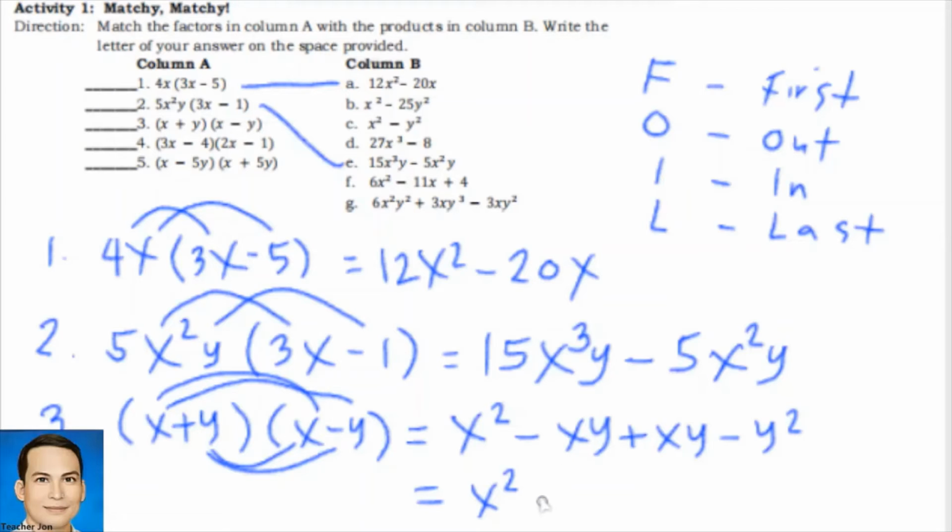Instead of writing 0, we just leave it blank and proceed in writing here negative y squared. That's our solution. Now we're going to find where is x squared minus y squared. There we have it in letter C, meaning number 3 corresponds to the letter C.